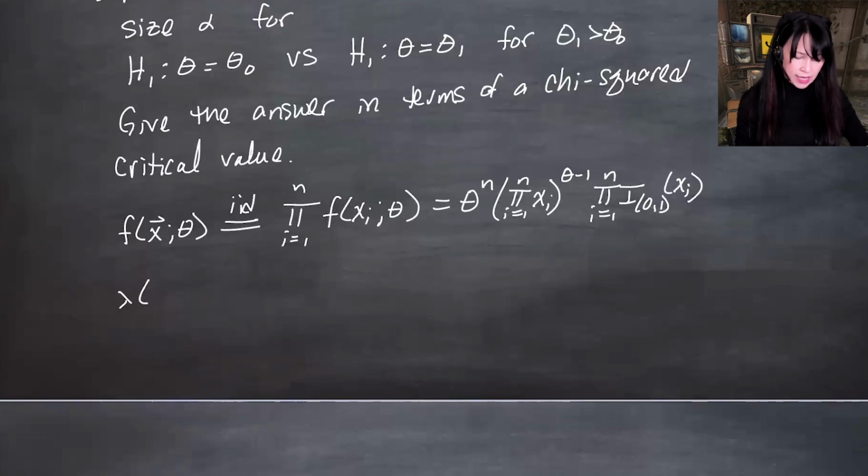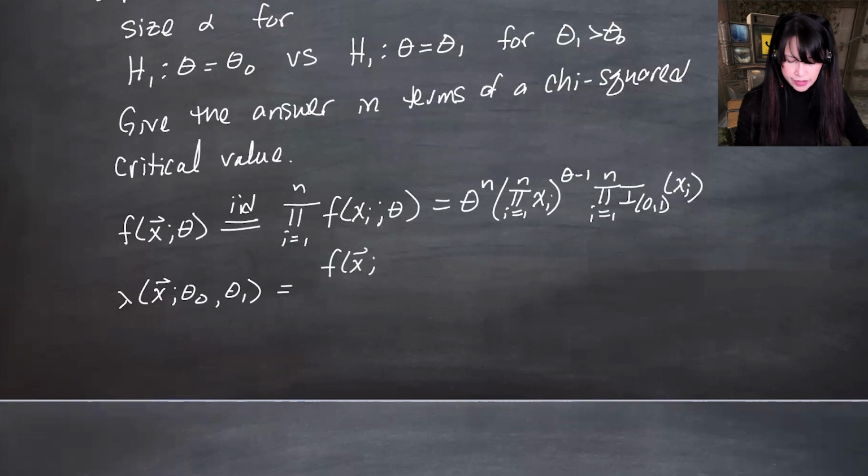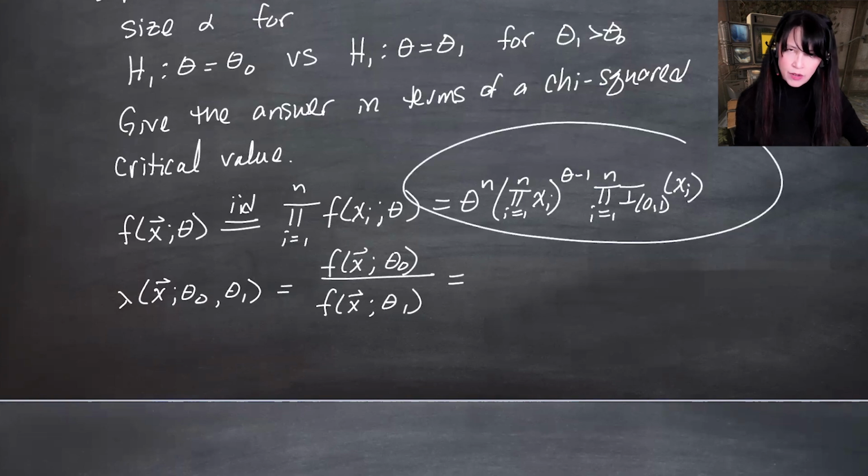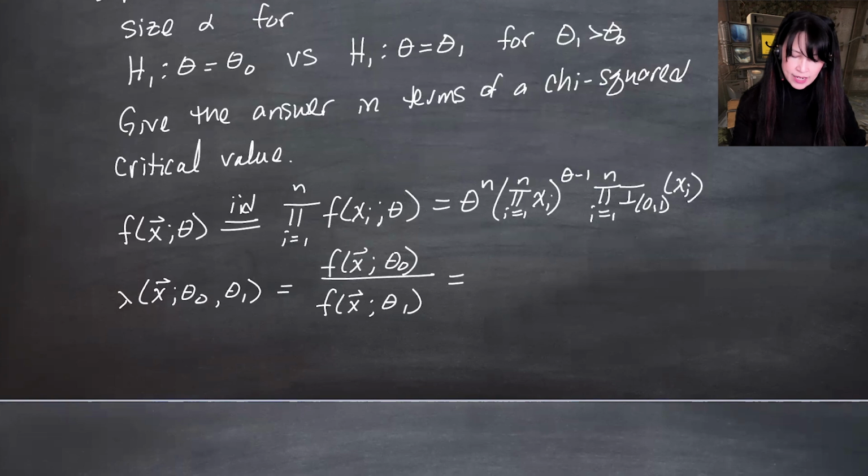I'm going to form the likelihood ratio. This is a function of the data, theta naught and theta 1. This is the joint PDF with theta naught plugged in over the joint PDF with theta 1 plugged in. So I'm going to write this entire thing with theta naught in the numerator, theta 1 in the denominator, and I'm going to go ahead and start simplifying it right now.